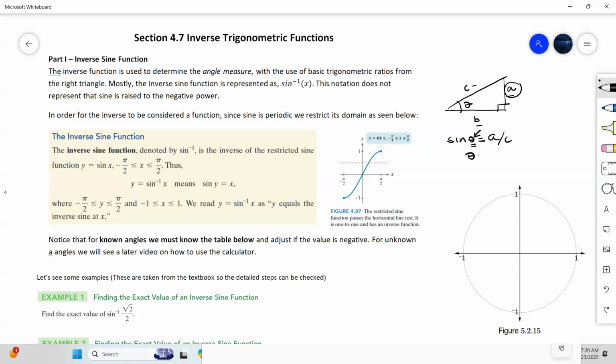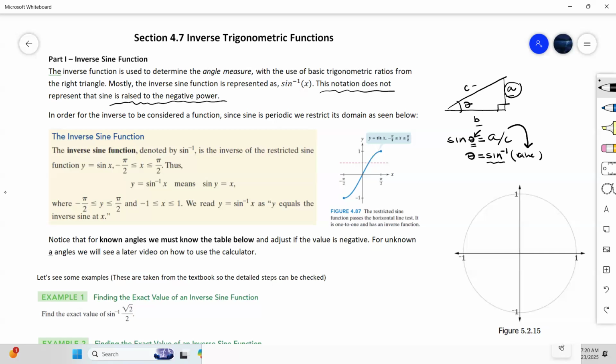So theta would be, in this case, sine inverse. And again, this notation does not represent sine raised to a negative power, right? It's just the notation for inverse sine. So sine inverse of whatever value that we're interested in. In this case, this value right here.